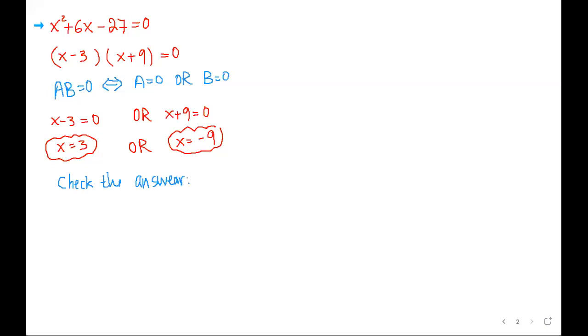So I have to plug the 3 inside the original equation, and we have to plug the x equals minus 9 inside the original equation.